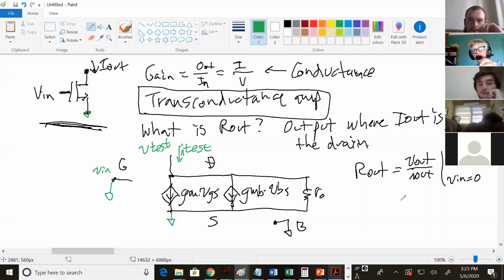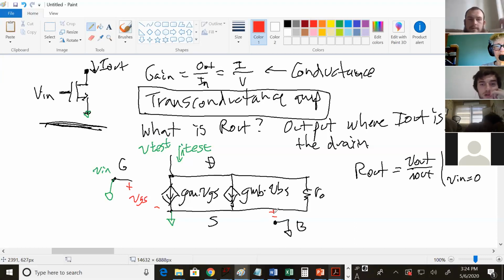Now, before we go on, it's always good to see if you can clean things up. You can remove the leftmost dependent current source. I always like to write in voltages that show up places. So here's the source bulk.